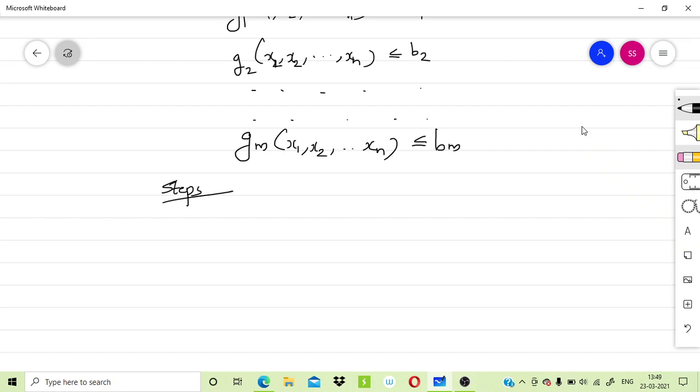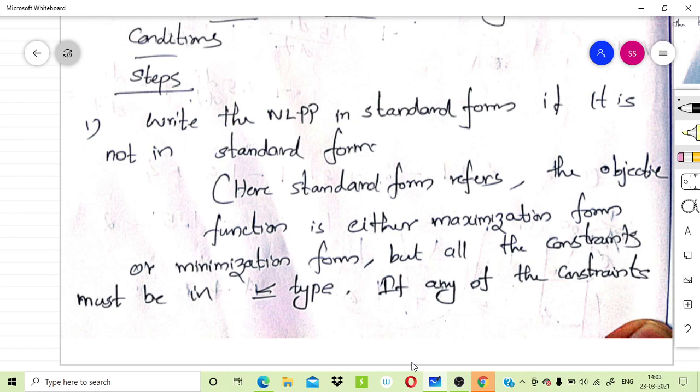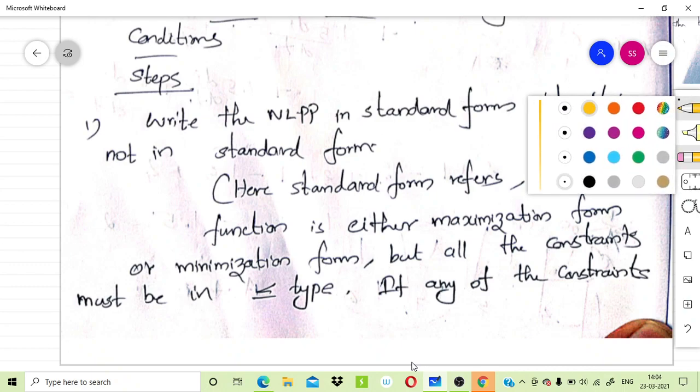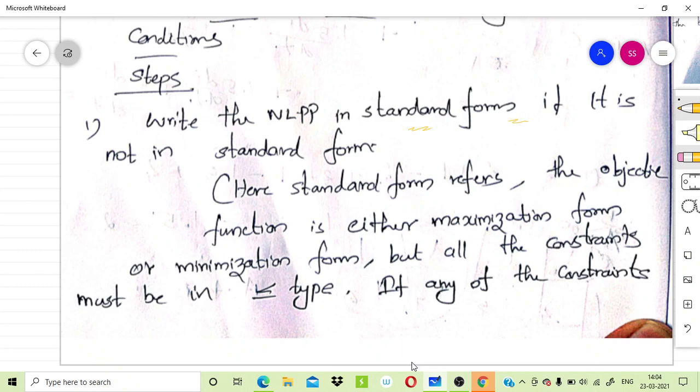Step 1: you have to write the given constrained nonlinear programming problem in standard form if it is not in the standard form. So this is our first step.